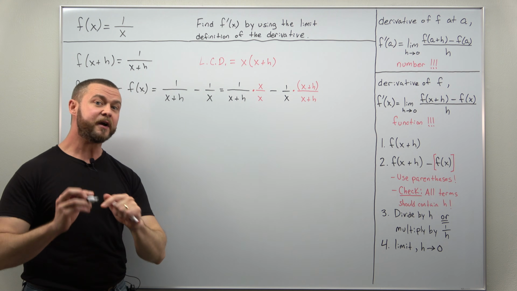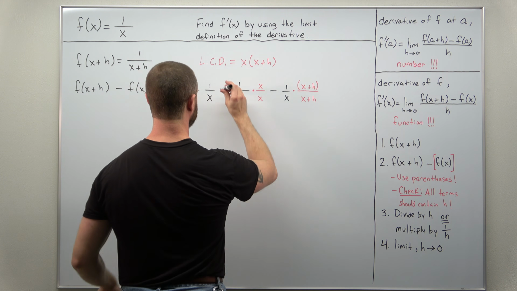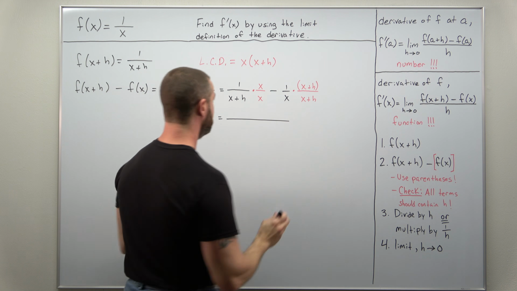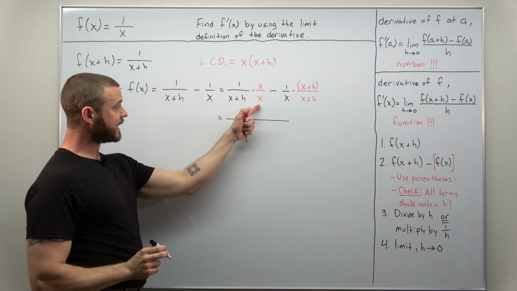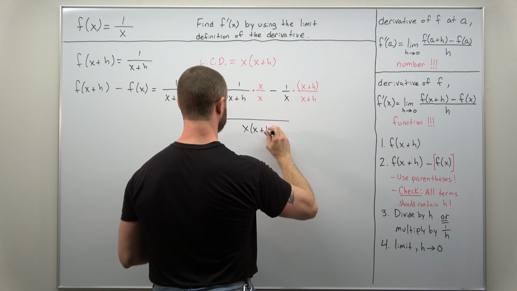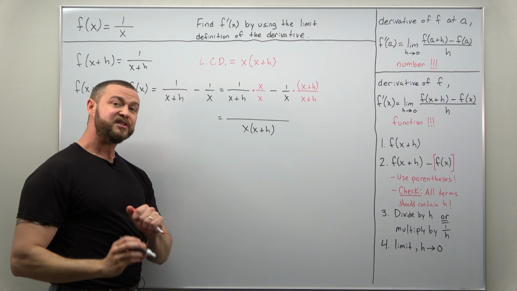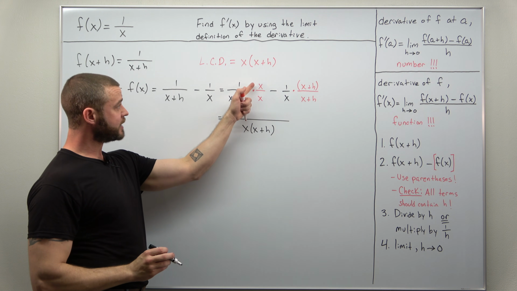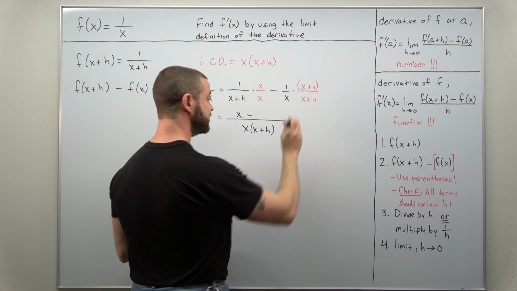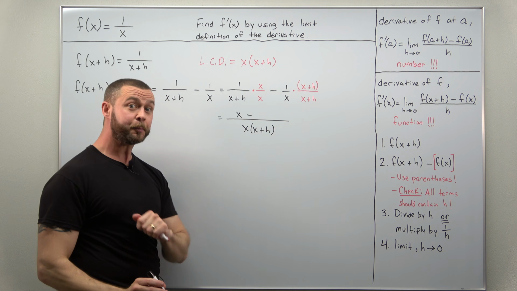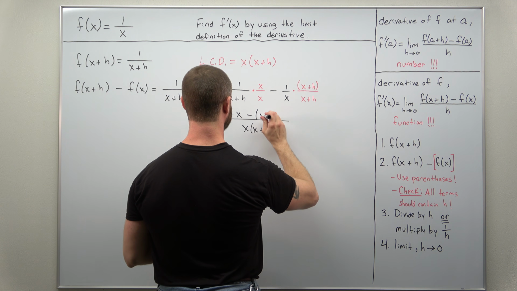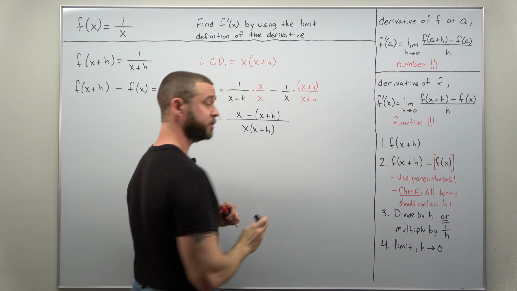All right, let's go ahead and first write down the fraction here with a common denominator. All right, your common denominator is going to be x times x plus h. And now, subtracting your numerators, you're going to have 1 times x, just x, minus, and this is where, again, use parentheses around those two terms. We're going to have minus x plus h.